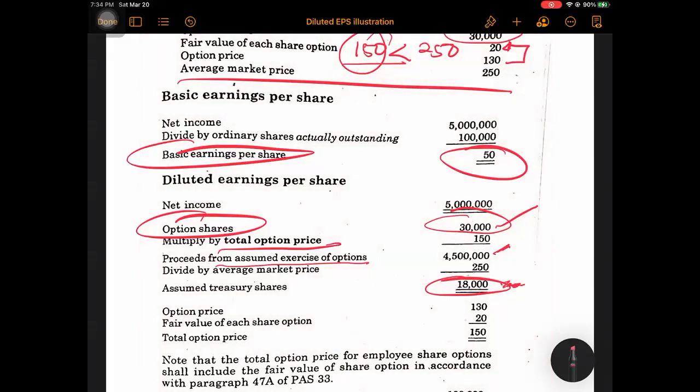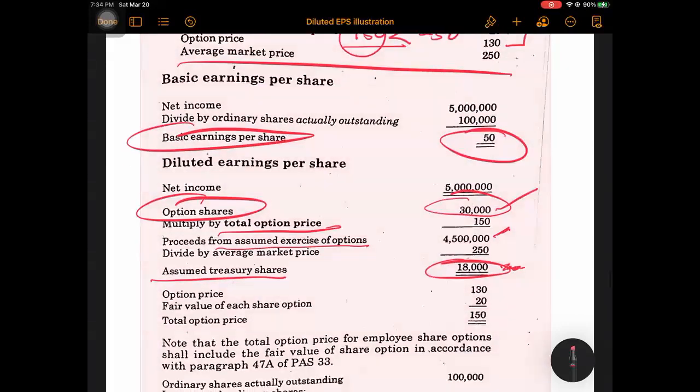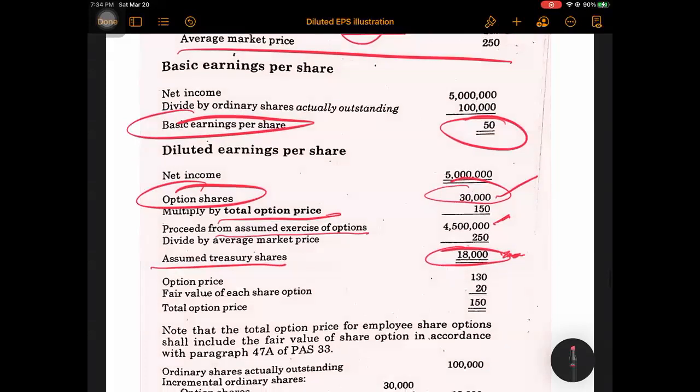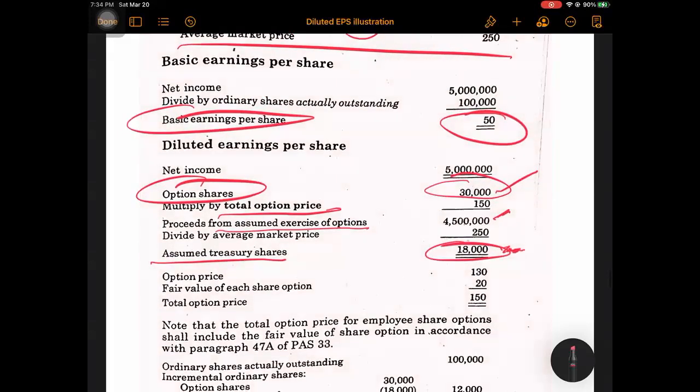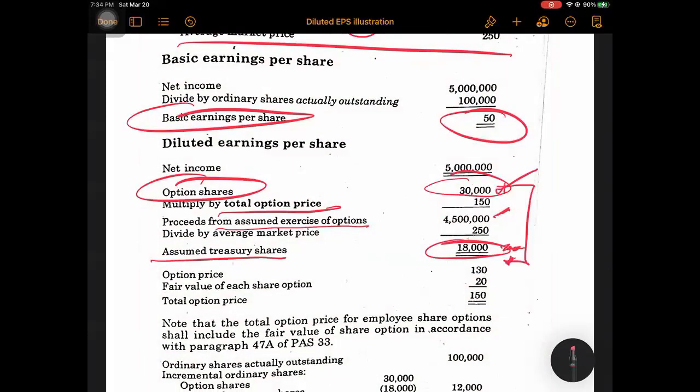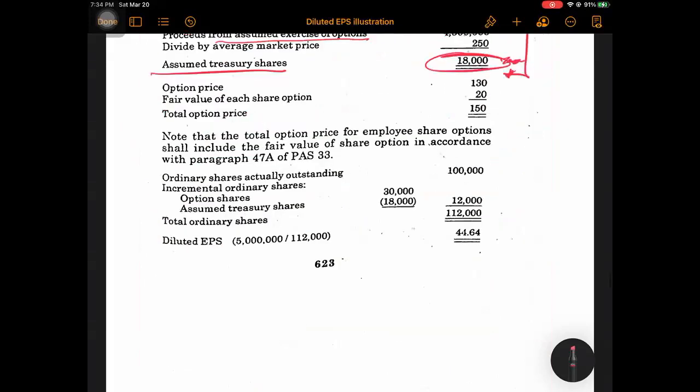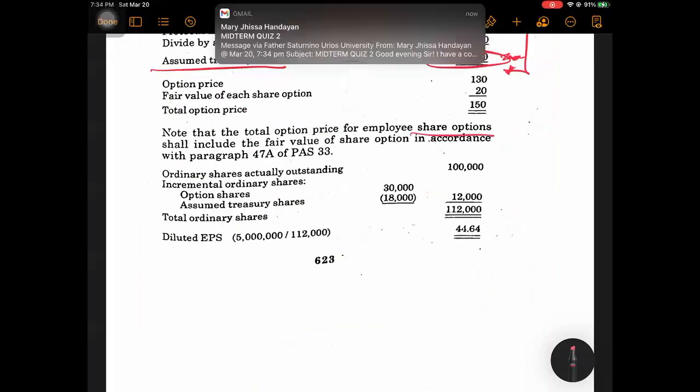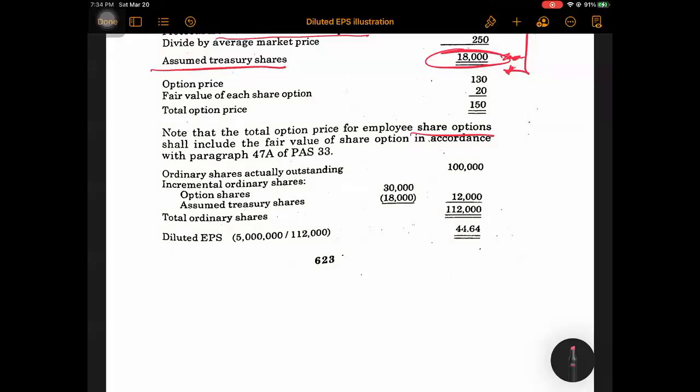So that is considered as the assumed treasury shares. So we compare the option shares and the assumed treasury shares. Note that the total option price for employee share option shall include the fair value of share option in accordance with PFRS 2 paragraph 33.